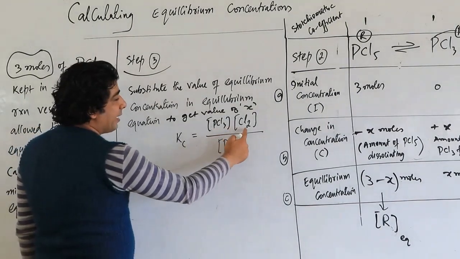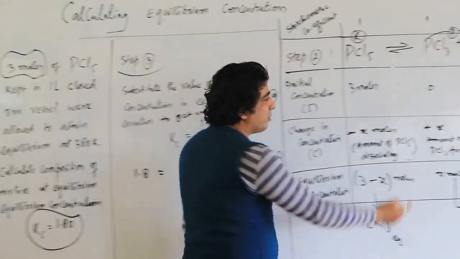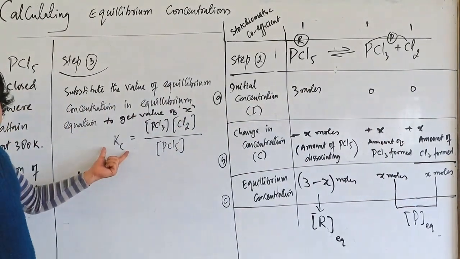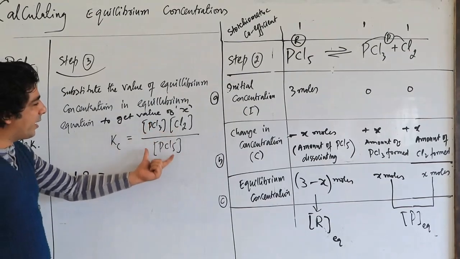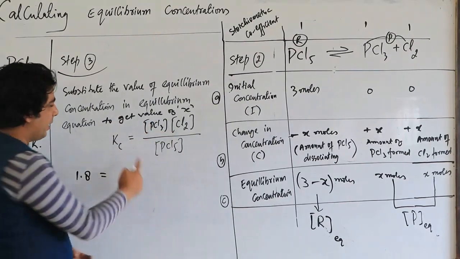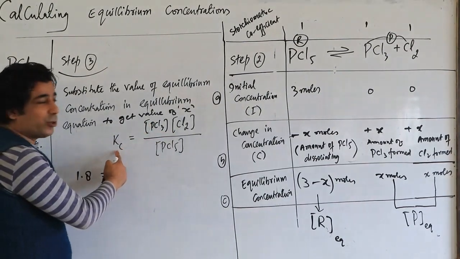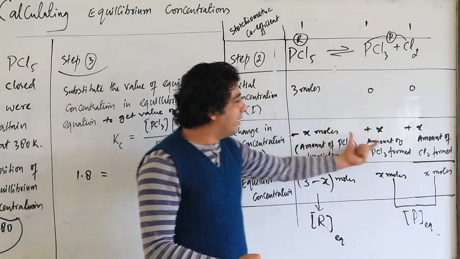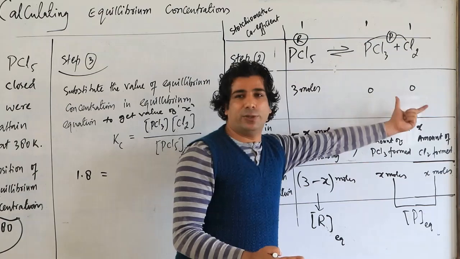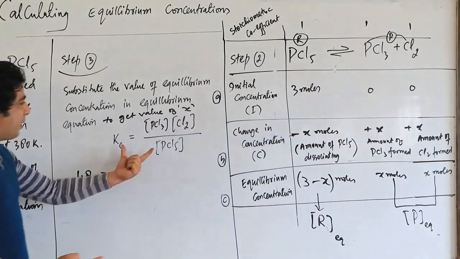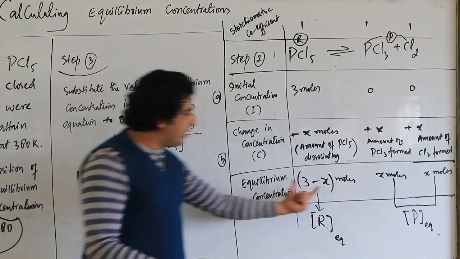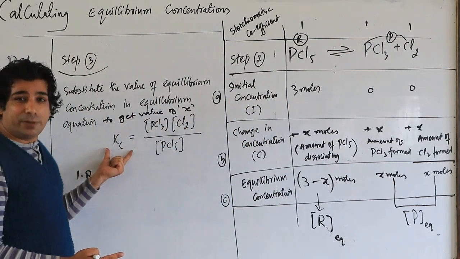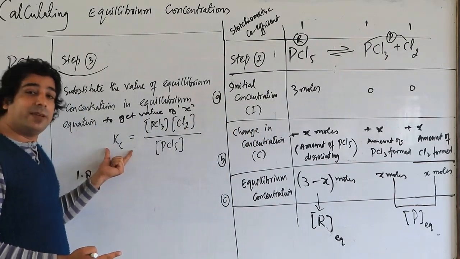And PCl3 and Cl2, my dear friends, what is your PCl3 at equilibrium? Because this is your equilibrium constant, these values should be taken only at equilibrium. You should not take the other values. For this expression, you can take only these values, because Kc values are only taken at equilibrium.